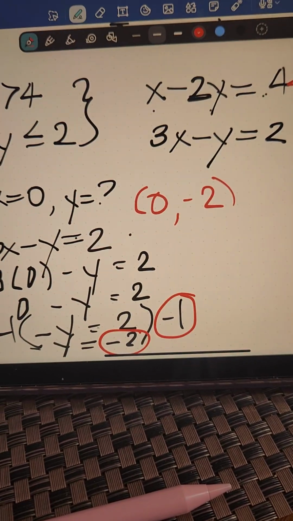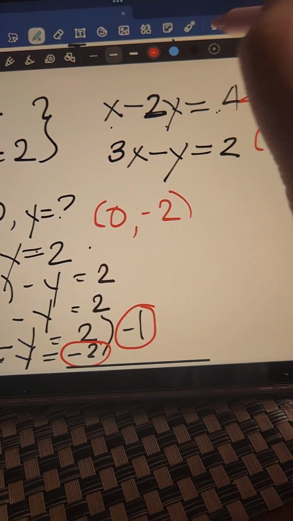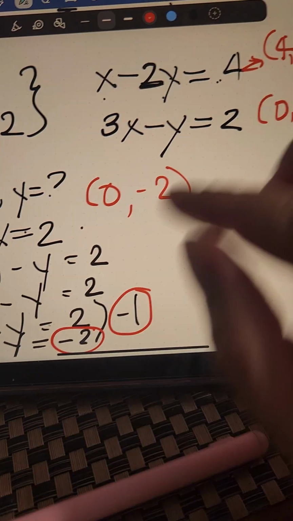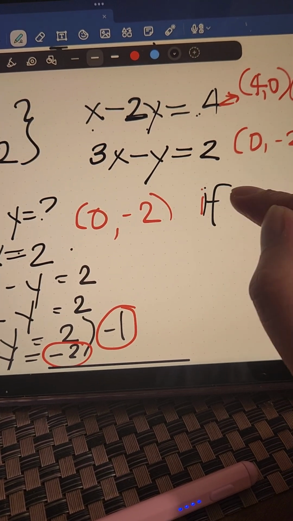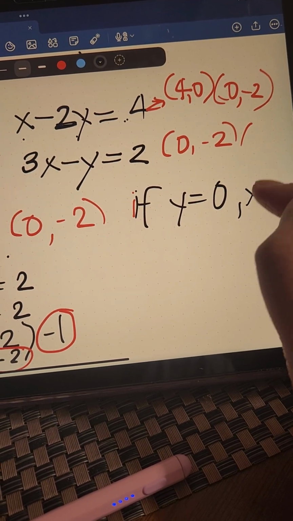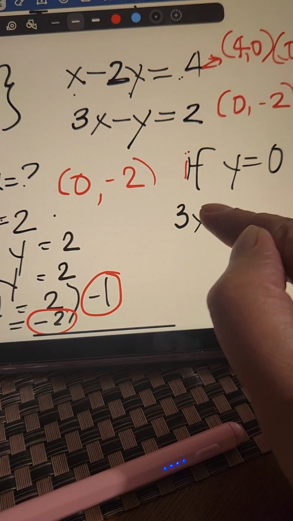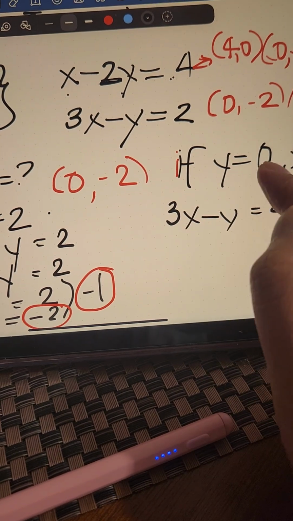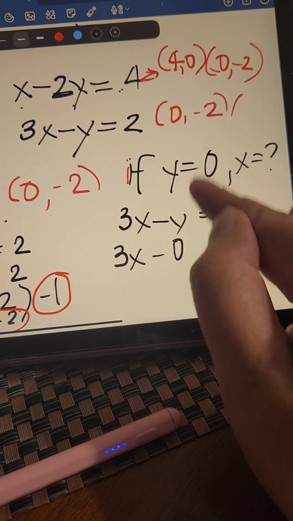Okay, next one. So paano naman daw if y is 0, then ano si x? So same thing, diba? Substitute lang natin 3x minus y equals 2. So, 0 daw si y. So, 3x minus 0. So, y 0.